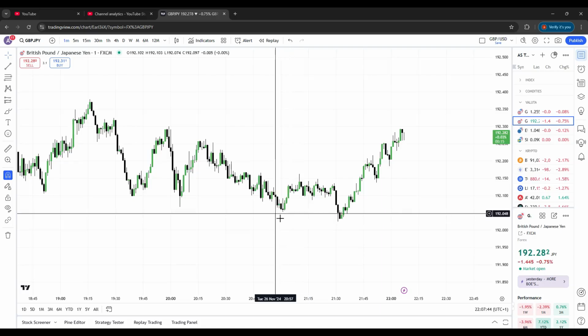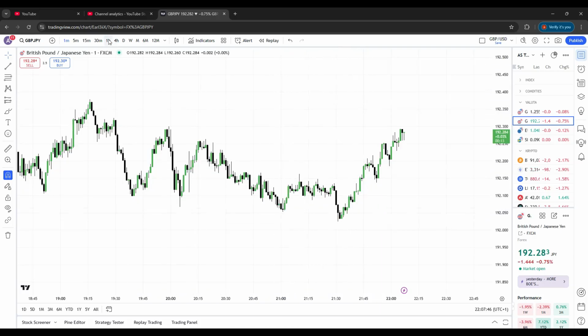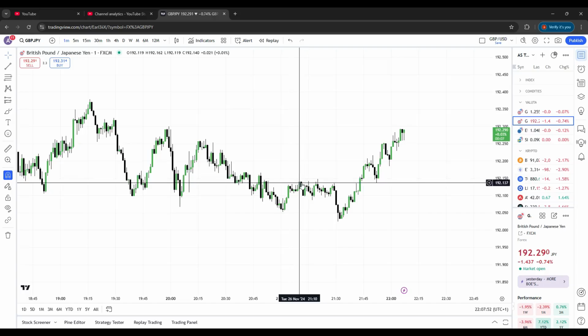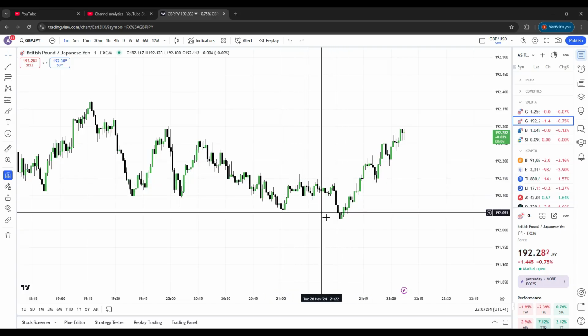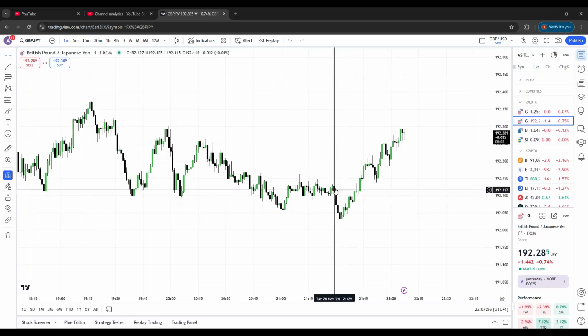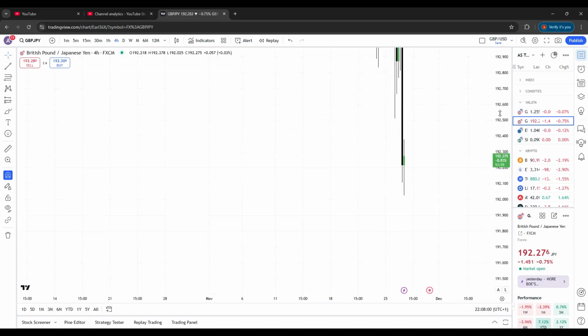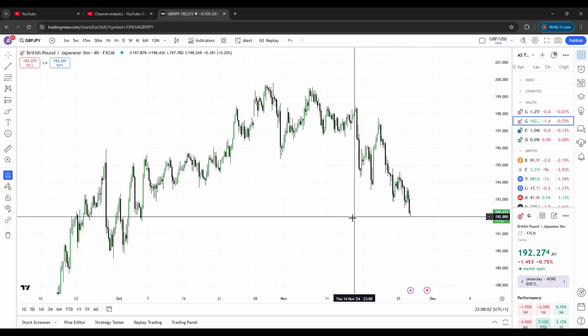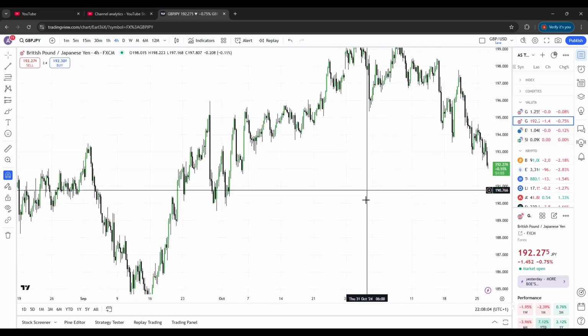Right here is a nice liquidity sweep, but if we had swept 4 hour liquidity right here off of this candle and then come down and swept the 1 minute, it would probably go further down, if you got what I just said. But let's find some liquidity sweeps.